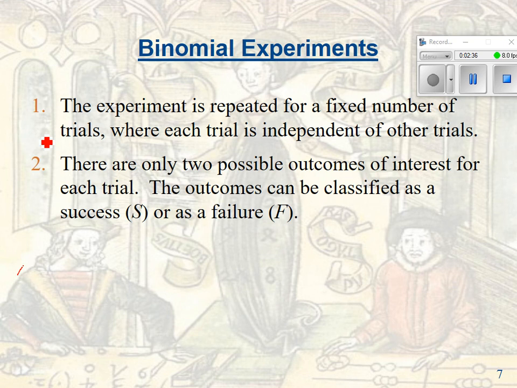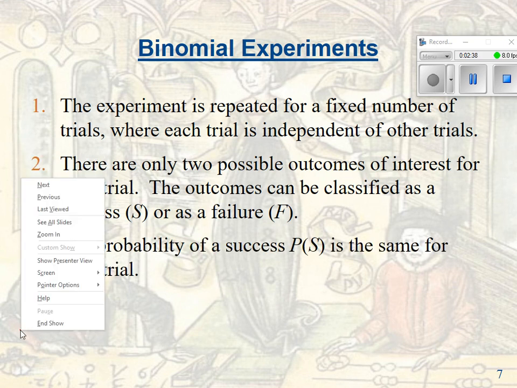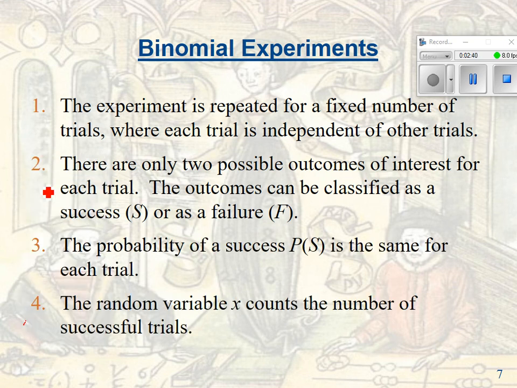To be a binomial, let's get rid of that and just write, to be a binomial, and I'm going to try to shorten these up a little bit before I get out of the way.